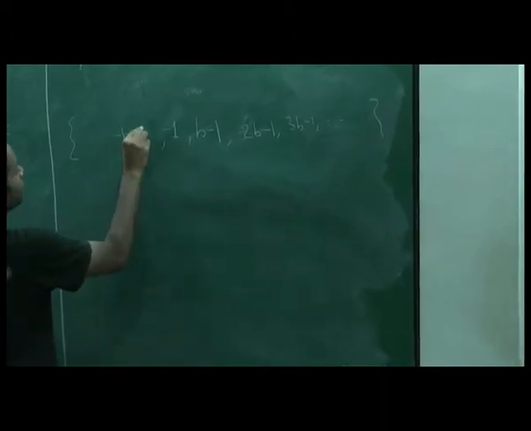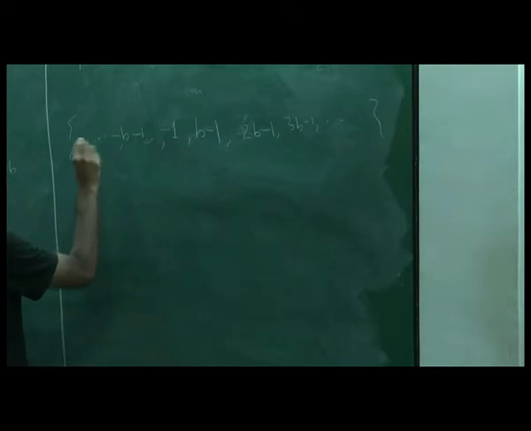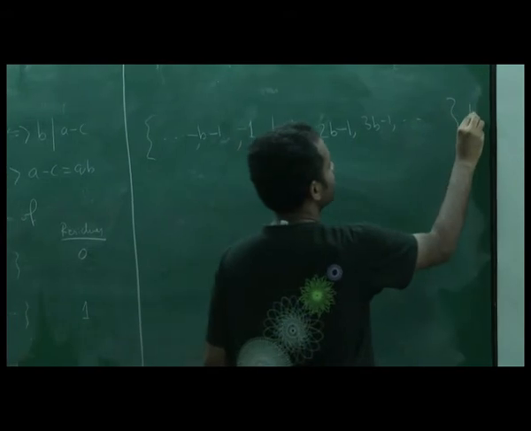Then minus 2b, you add b minus 1, you get minus b minus 1, and so on. So these are the disjoint sets for residues 0, 1 up to b minus 1.